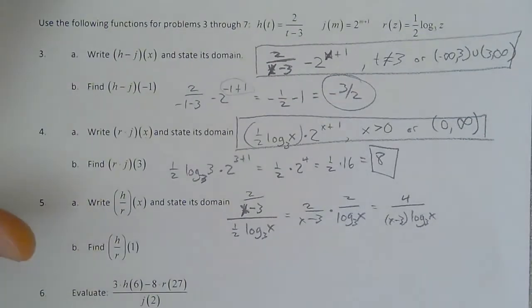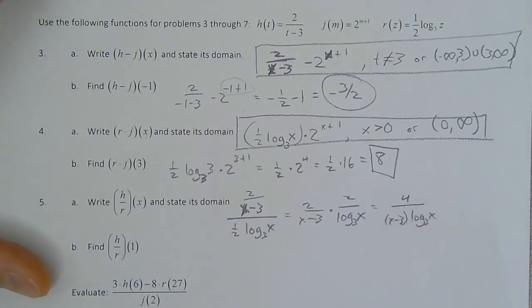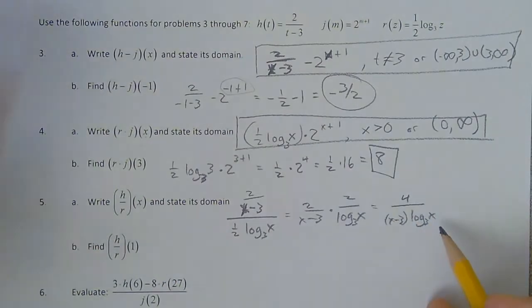The domain here, well, we know that x can't be 3, and x certainly has to be bigger than 0, or we can't evaluate the logarithm, and the log at 1 is also going to be 0.